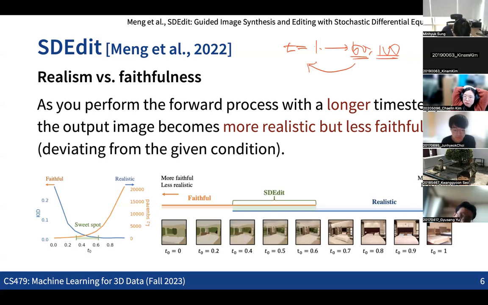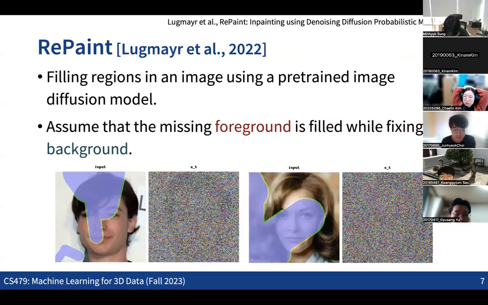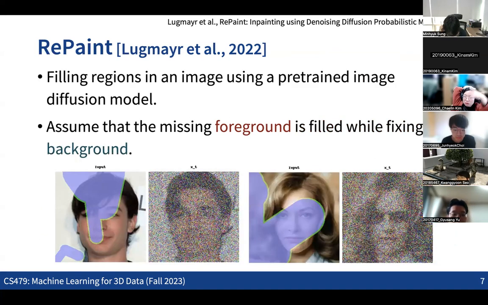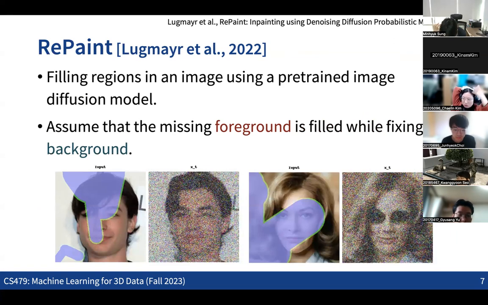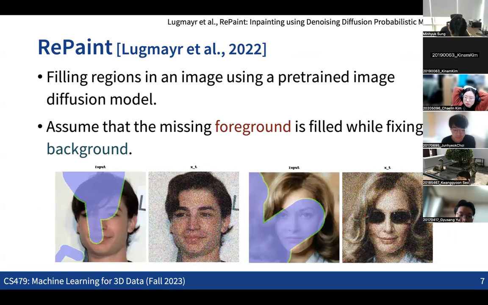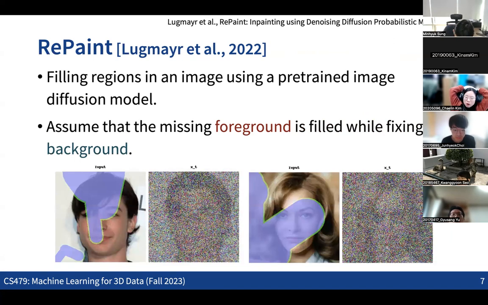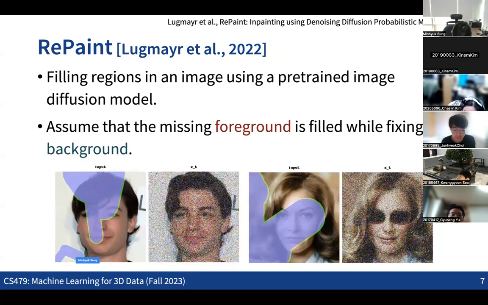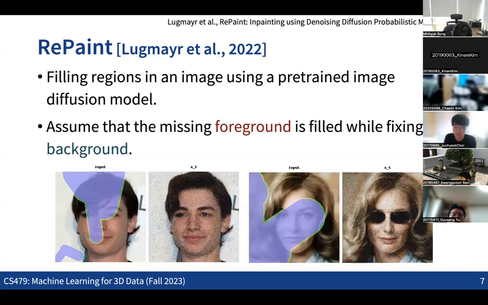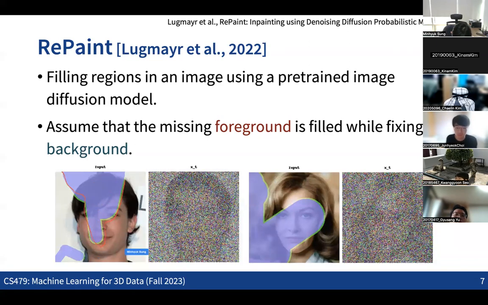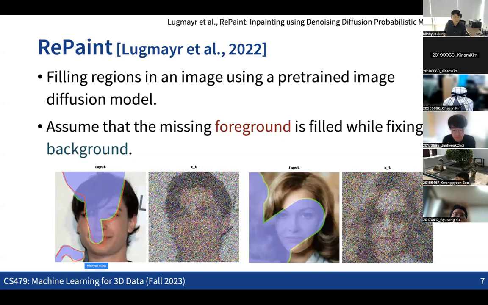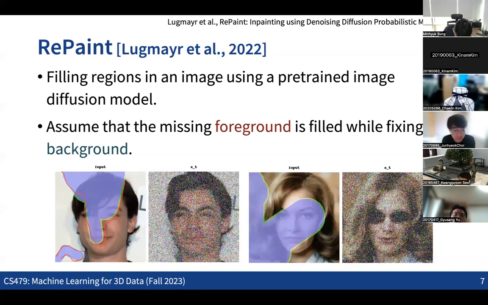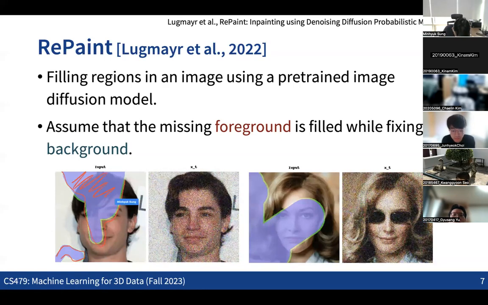But this is really a simple idea, and what we can do going further is try this idea for the in-painting setup as well. This might be slightly more complicated. Here the problem is that, given the image, we have some region that we want to fill in with something, right? So given this input image, we have this mask, and we want to let the diffusion model make the whole image, but just fill in this specific region while keeping the background.